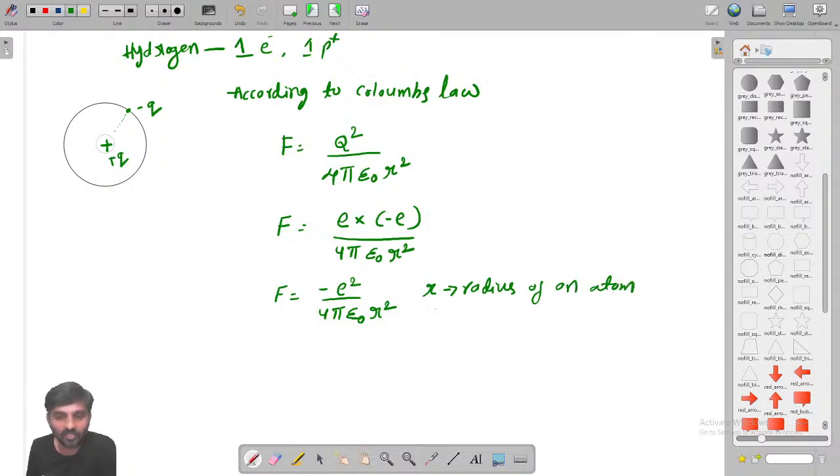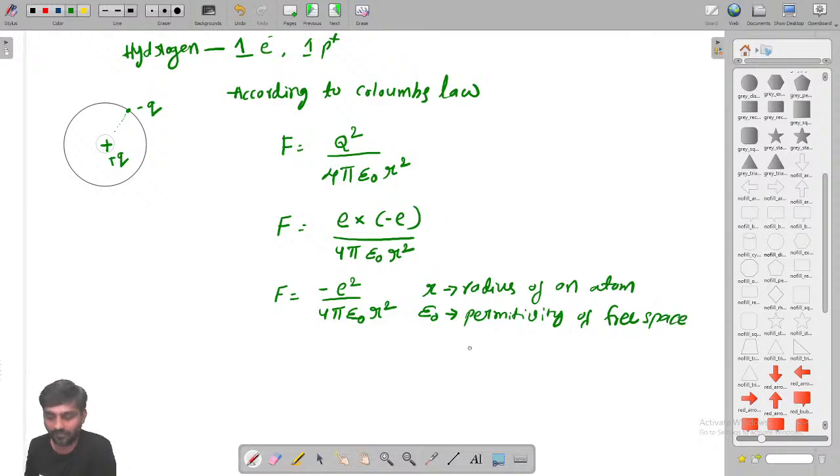Then what is epsilon naught? Epsilon naught is the permittivity of free space. Please bear with my handwriting. Can somebody remember the value?